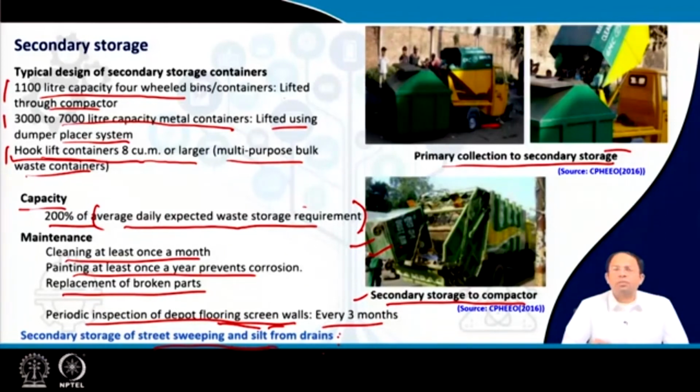Why separate containers? Because this kind of waste can contain a lot of pathogens, because it may contain some amount of sewage, and it's better not to mix it with other waste, because those may be going to the composting plant, or to some recycling facility. So it's better to keep this waste separate.